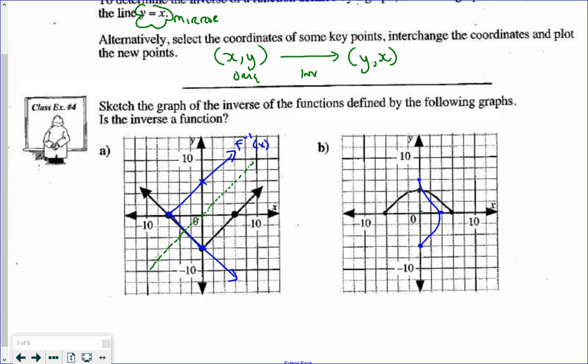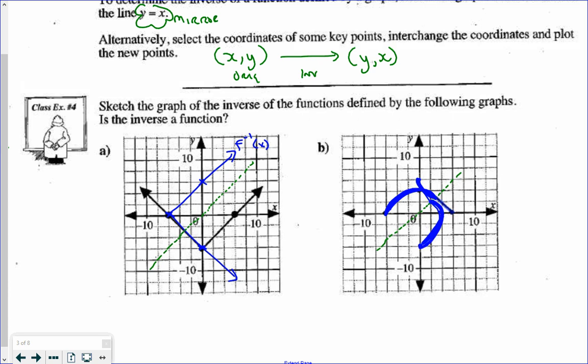So again, if I just draw in my mirror line, and if I just use my erasable pen, it's just not quite drawn perfectly, but essentially this part right here is becoming this part right here. And then this part right here is becoming this part right here.